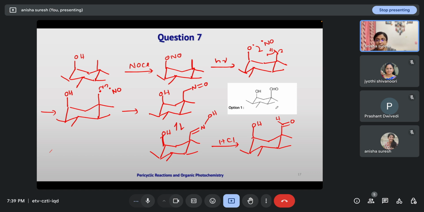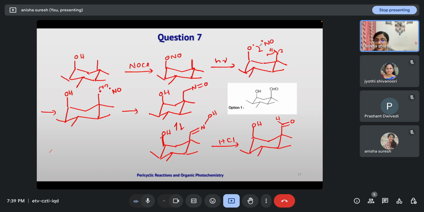Any doubts? First, under NOCl condition, this OH will react with NOCl, leading to the formation of ONO. Under photochemical condition, this O-N bond will homolytically cleave, leading to the formation of an O radical and an NO radical.